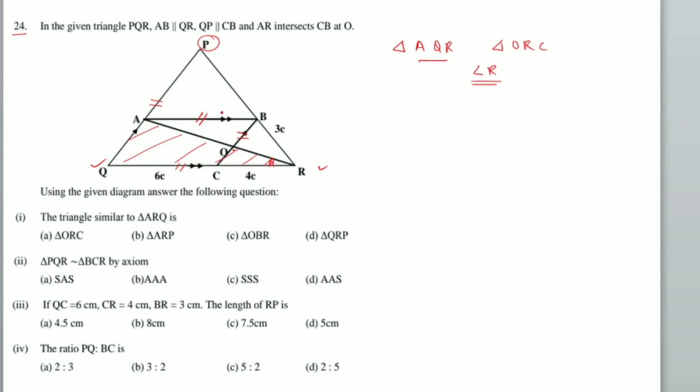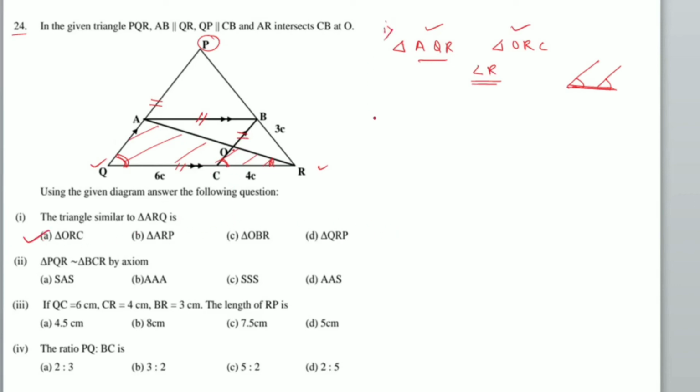Now PQ is parallel to BC and QR is a transversal. Therefore this angle will be equal to this angle, because both of them are corresponding angles. We know that if two lines are parallel and there is a transversal, then these angles are equal because they are corresponding angles. So from these two triangles, two pairs of angles are the same. Therefore, we can say that triangle ARQ is similar to triangle ORC.